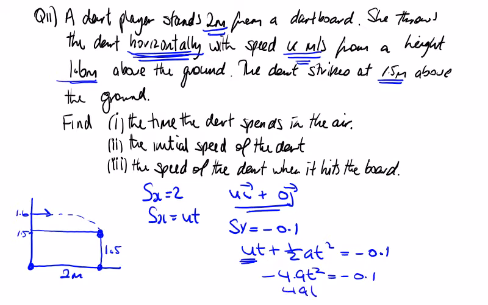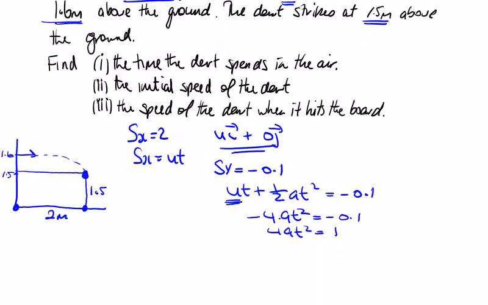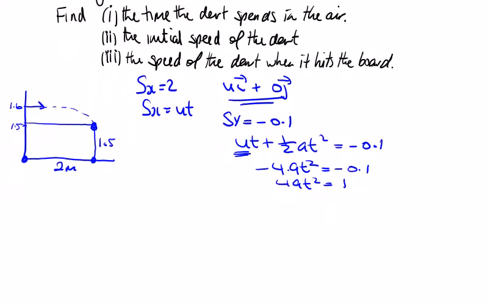So 49t squared is equal to 1. So t squared would have to be 1 over 49, giving t a value of 1 over 7. Could be minus 1 over 7, but not for time. So 1 over 7 seconds is the time.